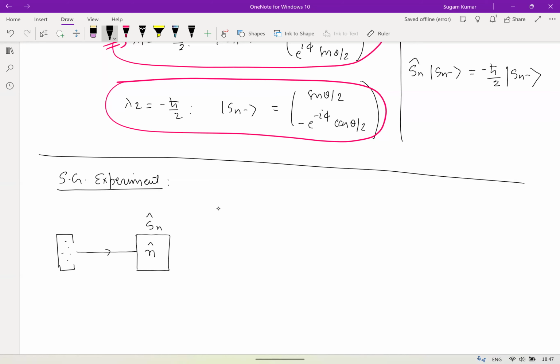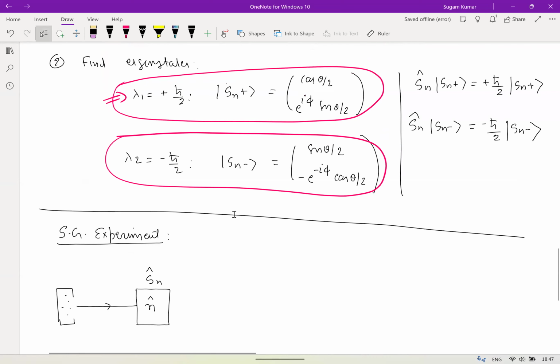I already showed you above that this will split in two parts: one gives Sn plus and the other Sn negative, with the eigenvalue plus h cut by 2 and the eigenvalue minus h cut by 2.